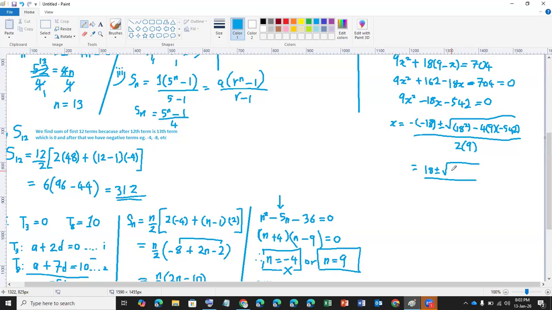Don't do it as minus again because we know it will become plus. So you can just say 4 times 540. So it will be plus. 830.